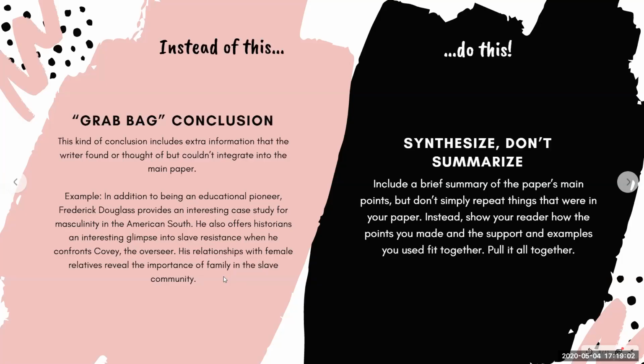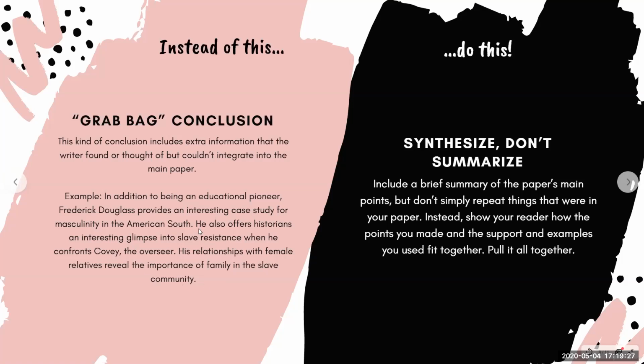All three great ideas, all three completely different, all three requiring their own paper. So you definitely do not want to do a grab bag conclusion. While these are great points, writing them into the conclusion is not good for the paper. It's not an effective move. So I would tell this writer to just cut these things.